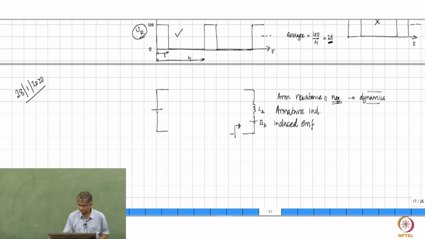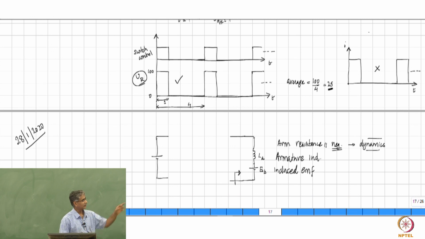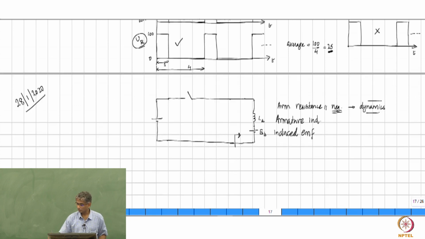Now if this is the situation, we need to understand what will happen if you apply this kind of switch control, so let us say you are having a switch and this is closed. What will now happen if you close the switch?